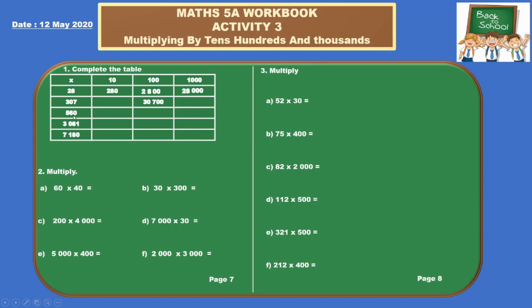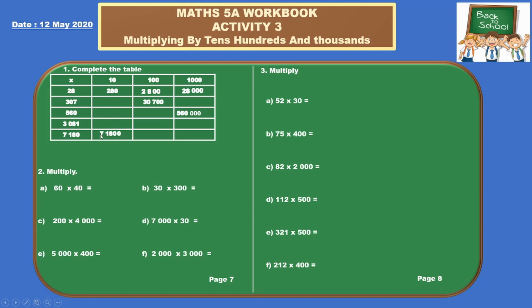Next, 560 times 1,000. You write 560 and then again tag 3 zeros. So the answer will be 560,000. Next, 7,180 times 10. I'll write 7,180 here and then I'll tag 1 zero.